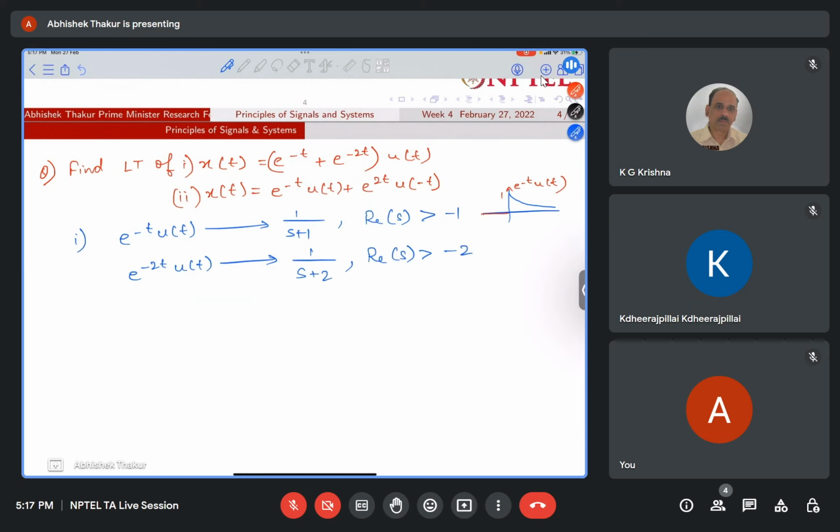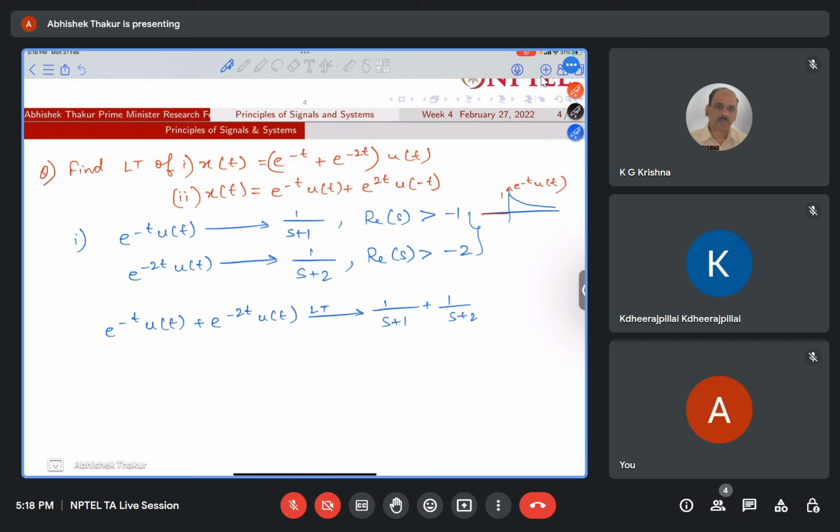Now when you add both signals, the Laplace transform will be 1 by s plus 1 plus 1 by s plus 2. Now we have to find the region of convergence, which will be the intersection of these two.